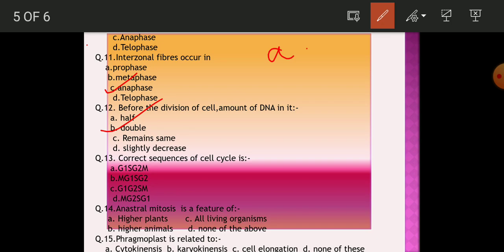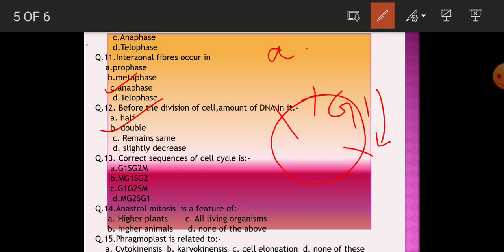In the classes we discussed that the cell cycle has two stages, the interphase and the mitotic phase. Interphase is G1 first, then S, then G2, and finally M. So the correct sequence is G1, S, G2, then M. The first option is the correct answer.